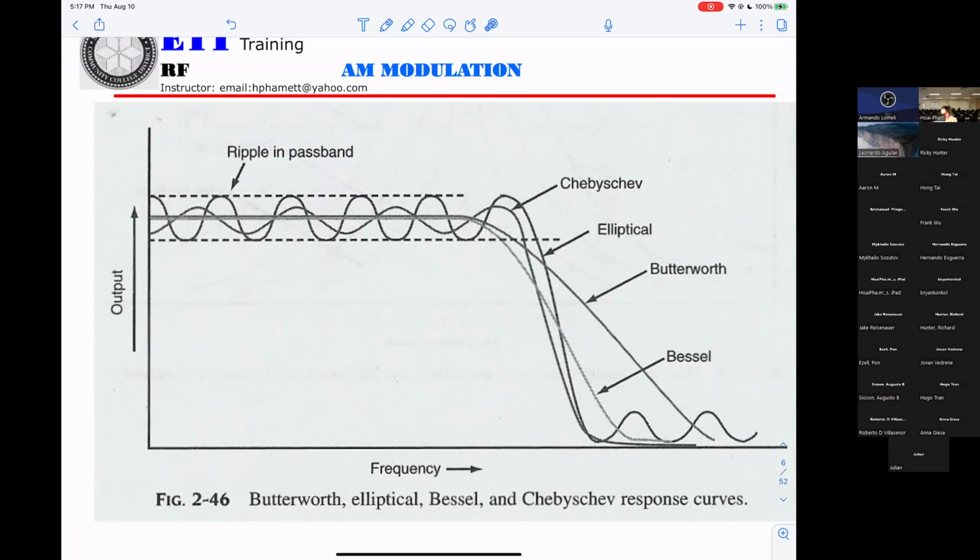Okay, and if you're looking at this display here, you're able to tell which filter will be better. And if you're looking here, this is just the ripple, the noise. Okay, so we already know from this one that the best will be the Bessel.